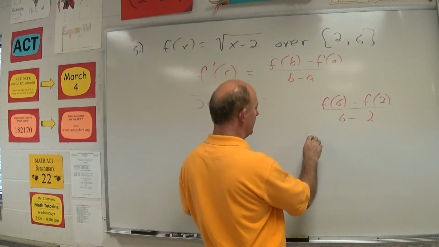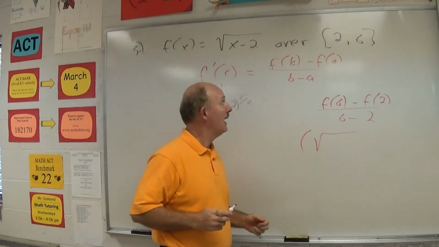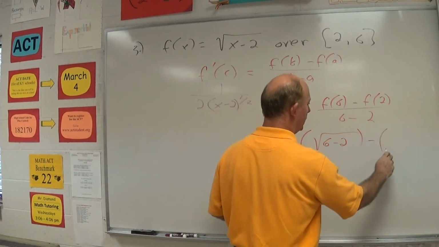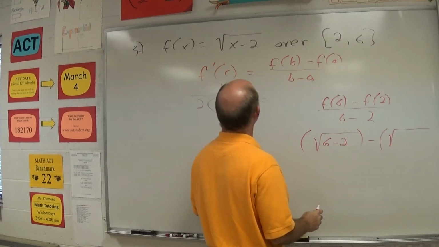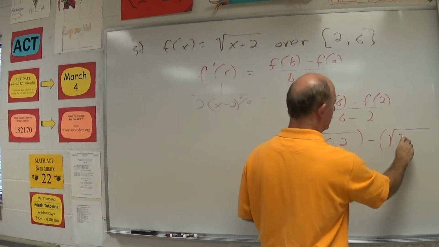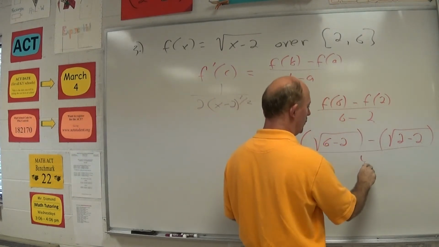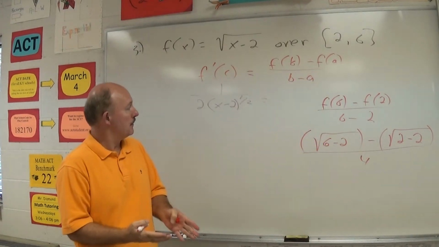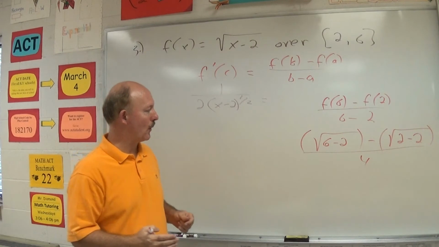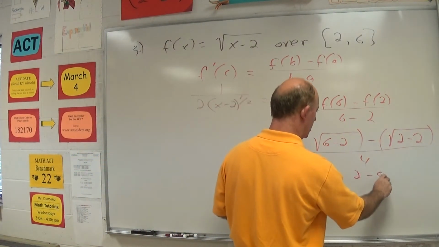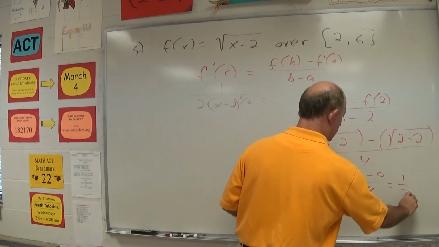So we end up here with the square root of 6 minus 2, minus the square root of, the a would be 2 minus 2. All that divided by 6 minus 2, which is 4. Now, let's simplify that, then we'll set up the other side of our equation. Now, 6 minus 2 is 4, so we have 2 minus 0 over 4, which will simplify to 1/2.